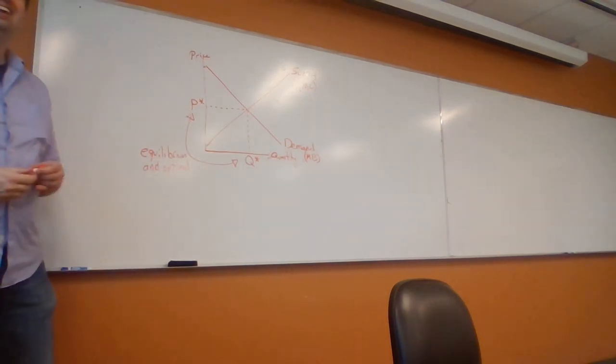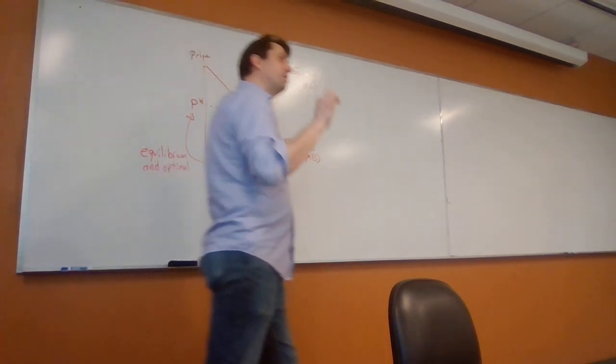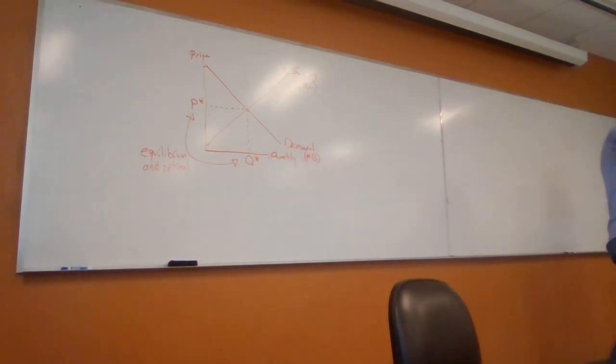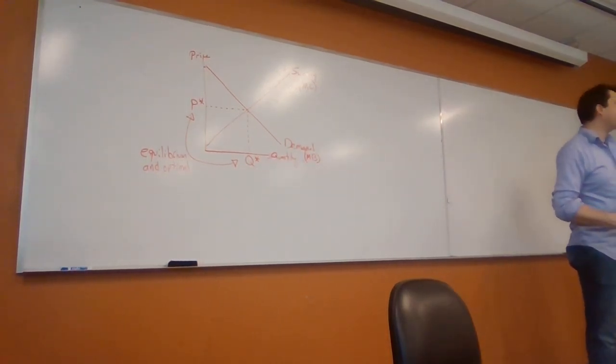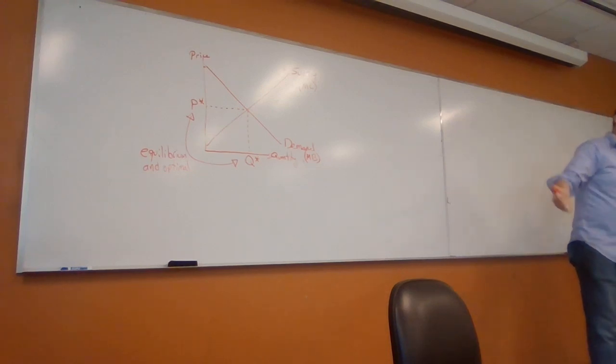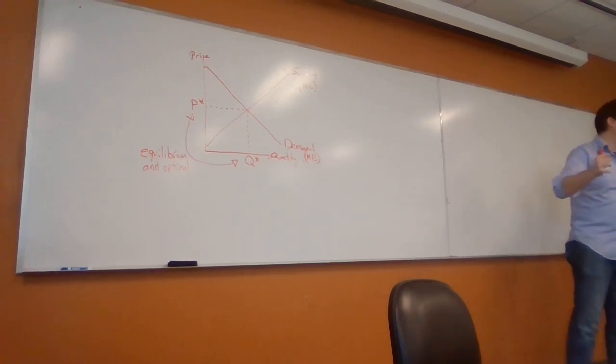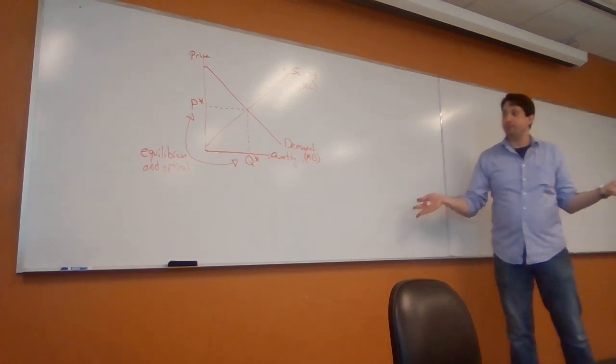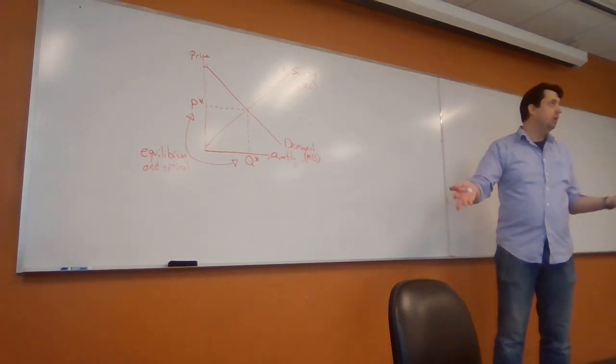In this class, the equilibrium and the optimal are the same thing. The equilibrium represents what people naturally do. The optimal represents what we want people to do, what's best for society. We simplify here, we say what's equilibrium is optimal, people will naturally do the optimal.